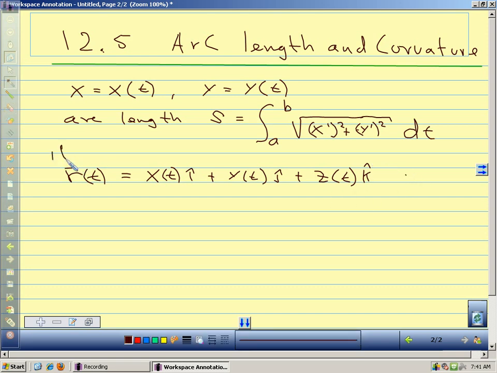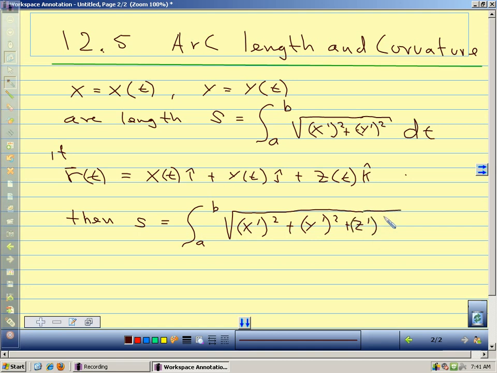So I'm just going to write, if r of t equals this vector valued function, then s, our arc length, is just our integral over our interval from a to b, t equals a to t equals b, of the square root of the squares of the derivatives of each of our components: x prime squared plus y prime squared plus z prime squared.